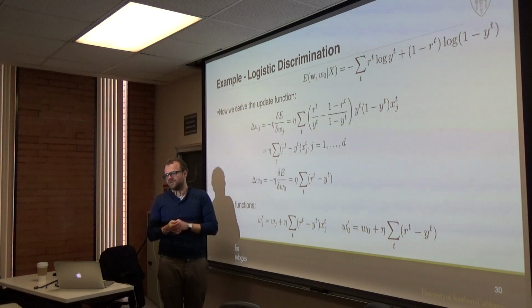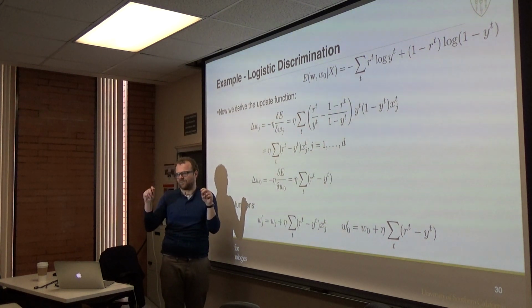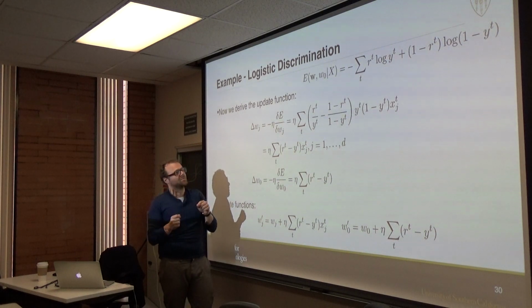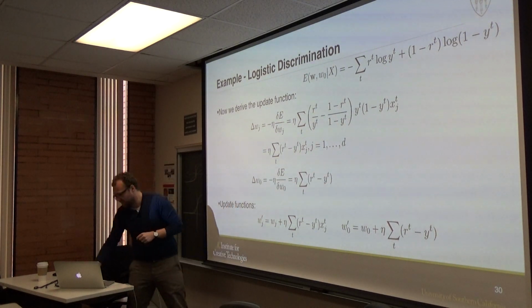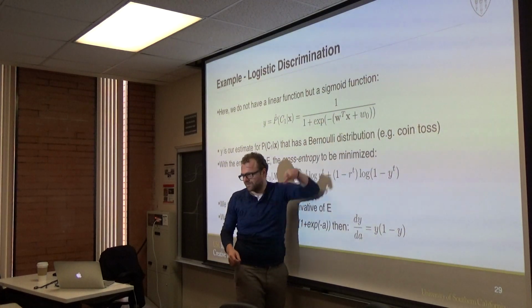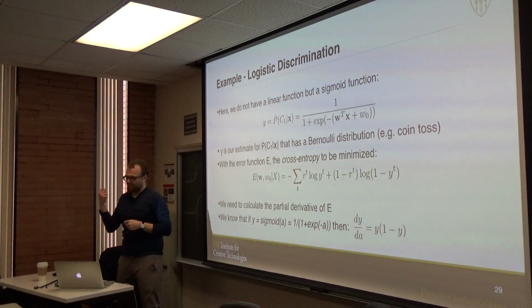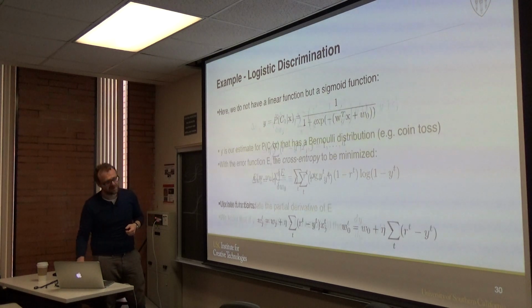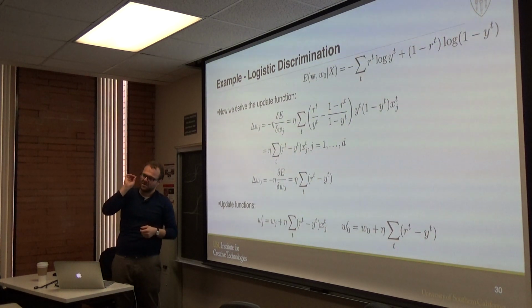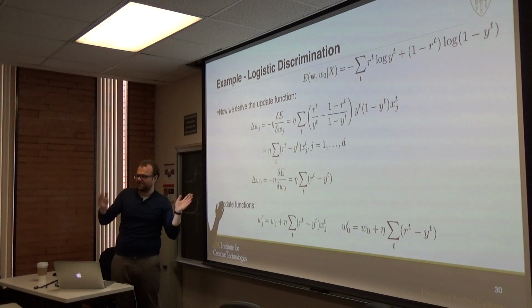Okay? So this is the update for the weights in the sigmoidal part, where you calculate this dot product between the input vector and the weights. Okay? So you have as many of these weights as you have input dimensions.